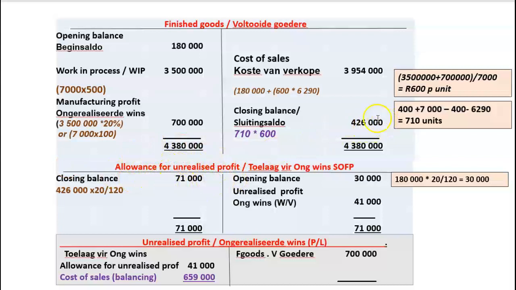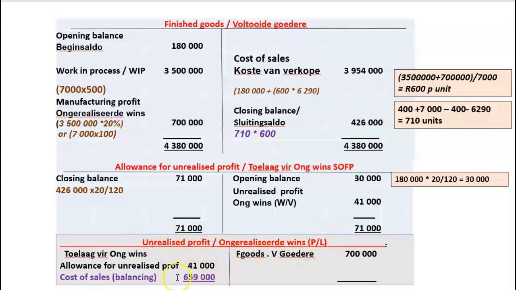Or if you wanted, 426,000 times 20 divided by 120 gives me the same 71,000, and that is what our closing allowance balance is going to be. To move from 30,000 to 71,000, I'm going to need on the credit side of my allowance account 41,000. So that's the credit entry, and the debit entry is against our unrealized profit P&L account, 41,000.